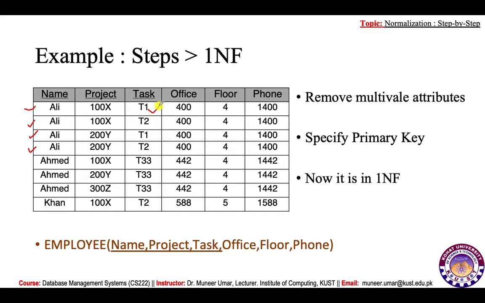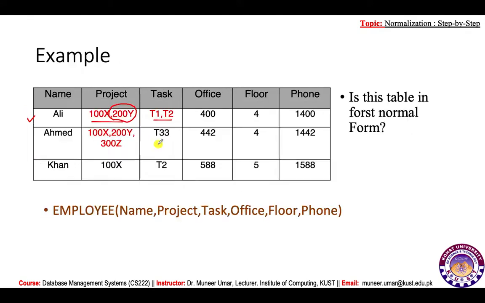Similarly for 200, we took T1 and then T2. For Ahmed, we have 3 values under project, so we need 3 separate rows for this single row.